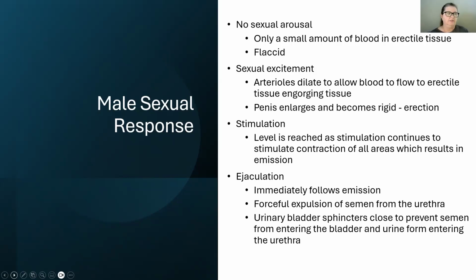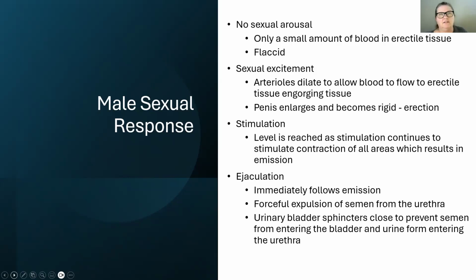With continued stimulation, a level is reached, and the stimulation continues to where contraction of all of those areas results in what is called emission. What immediately follows emission is ejaculation, and ejaculation is the forceful expulsion of semen from the urethra.